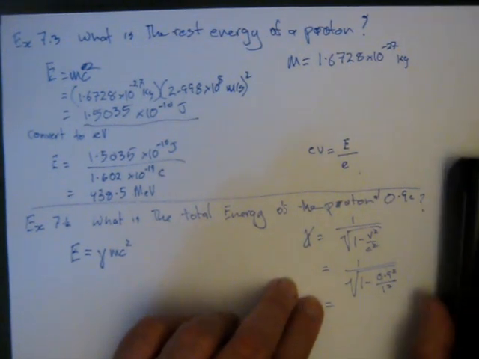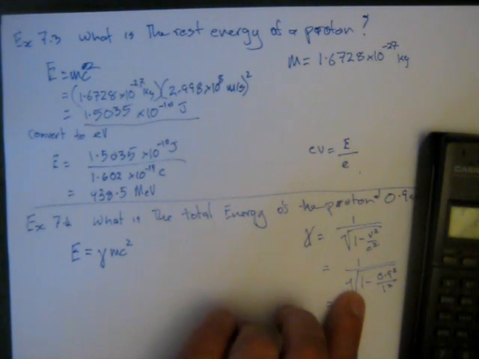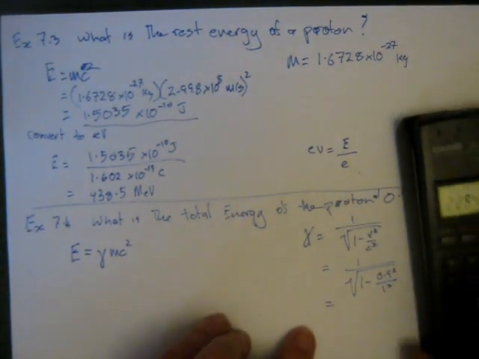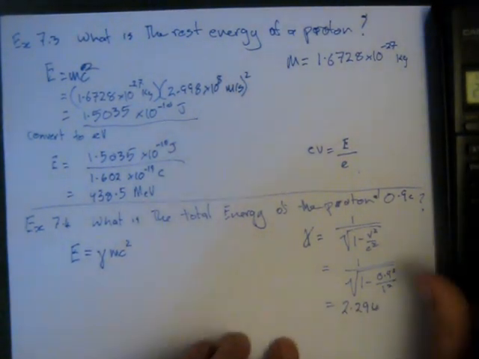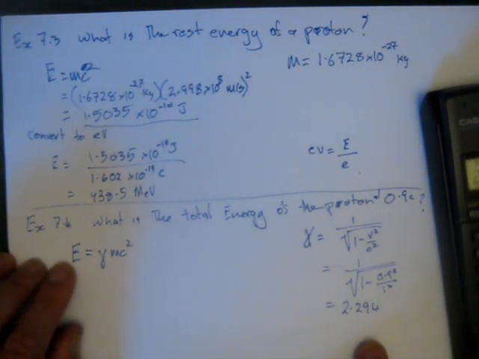Again, calculator time. Take the square root of that, take the inverse of that, equals 2.294. Cool. So that should be dimensionless.